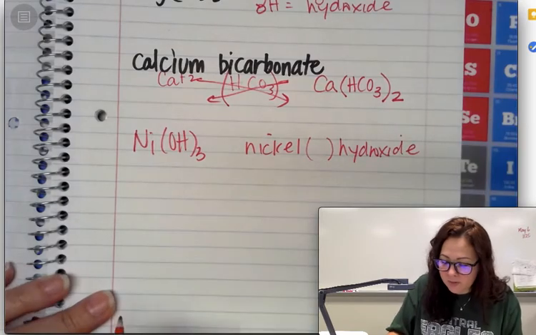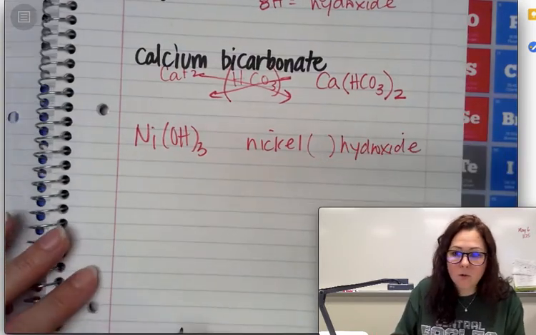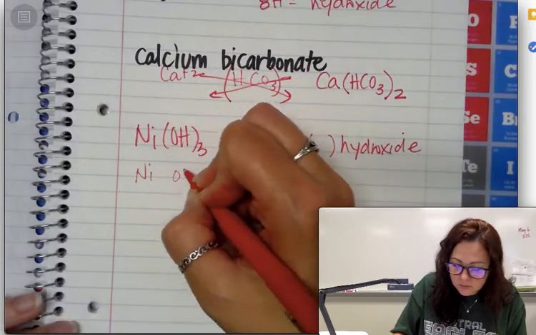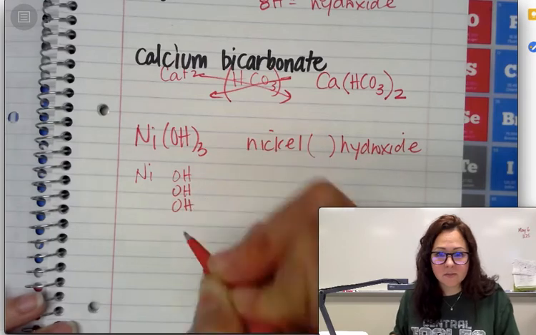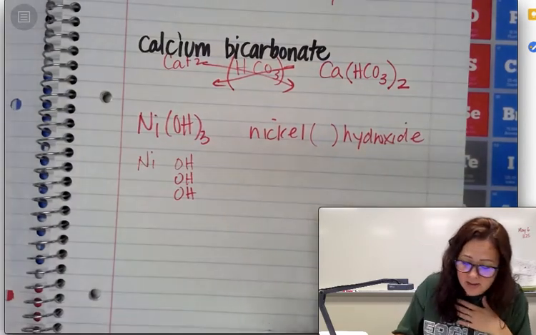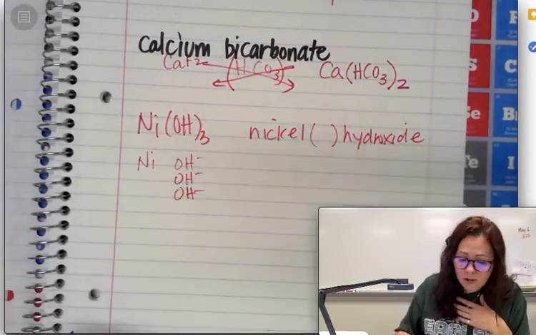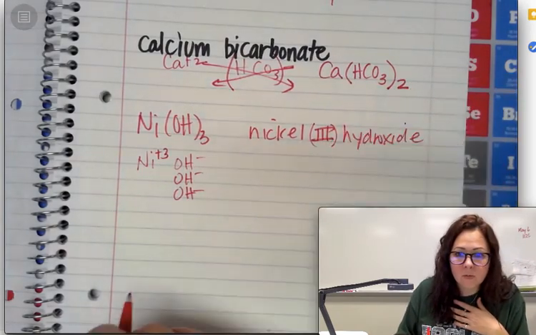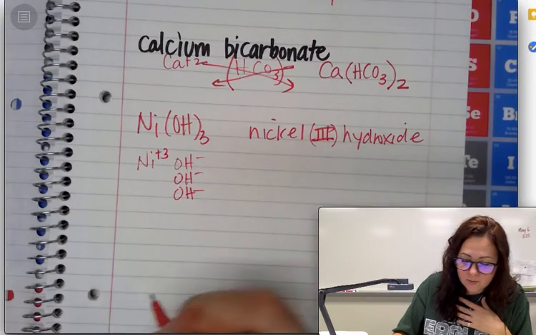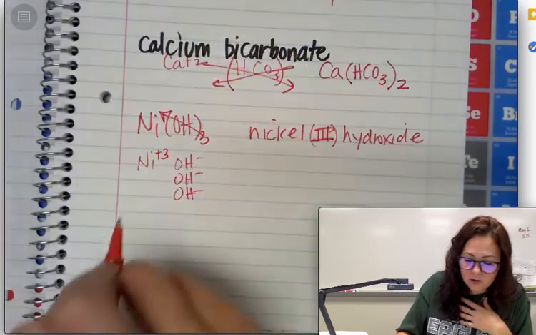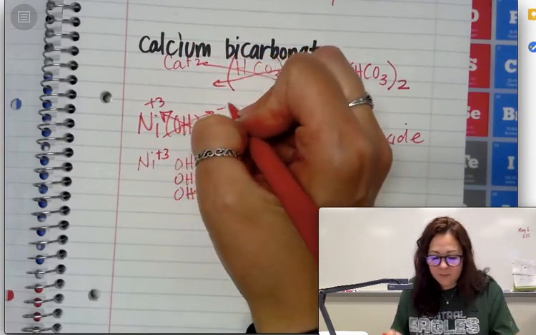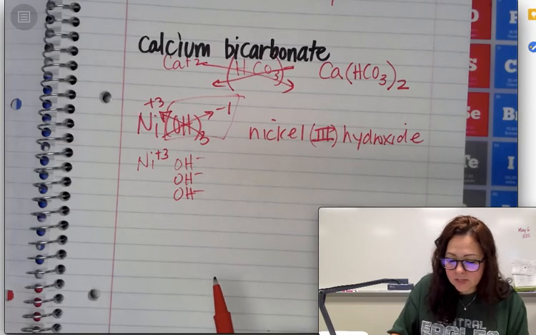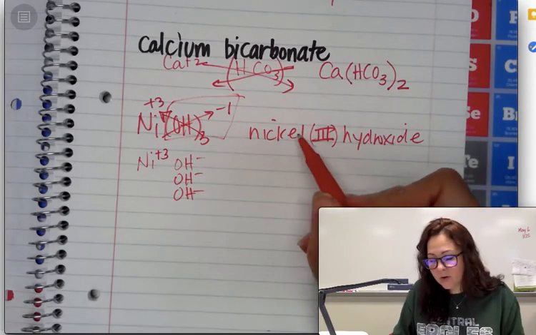To figure out what goes in the Roman numerals there in the parentheses, you can do this one of 2 ways. I've got 1 nickel, and I've got 3 hydroxides. I know that each hydroxide has a -1 charge. In order to equal 0, that means nickel has to be 3. Or you could try to reverse swap and drop where that 3 comes over here, the 1 goes over here, but you have to make sure that this charge is all correct. So in this case, we got the same answer, nickel(III) hydroxide.